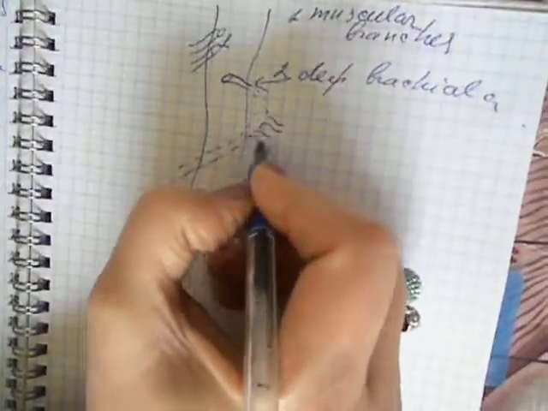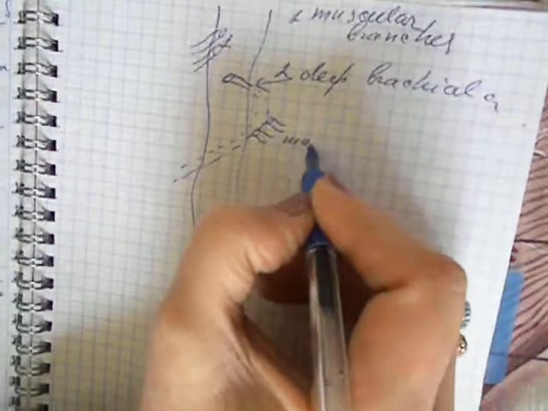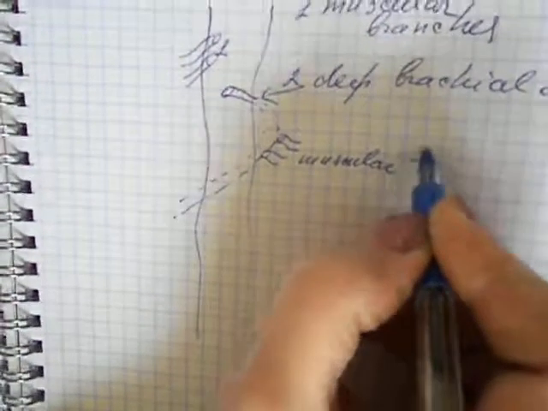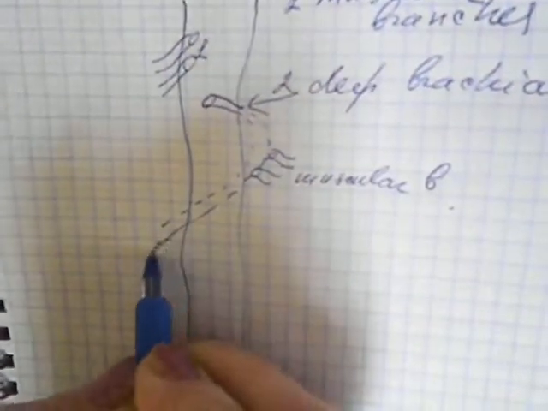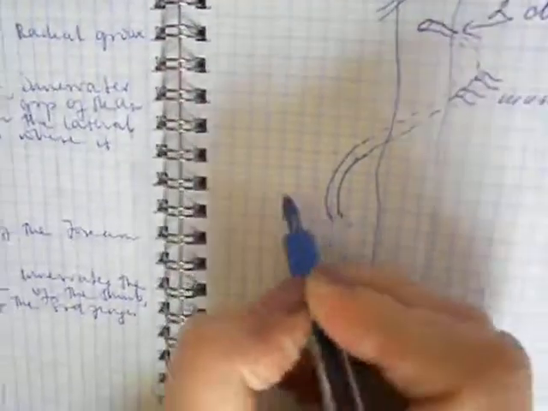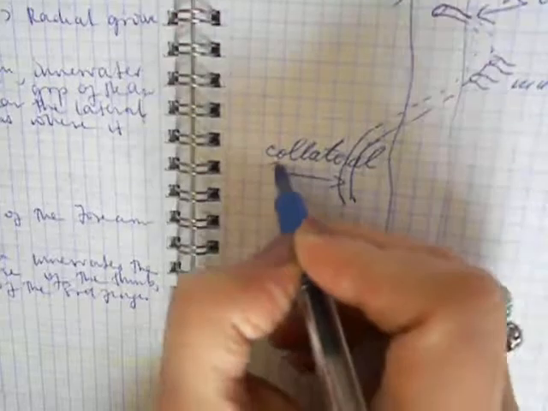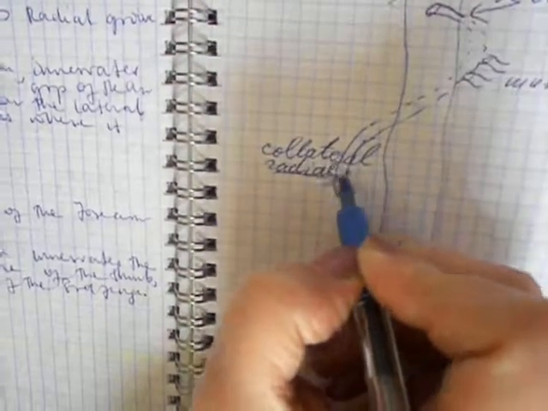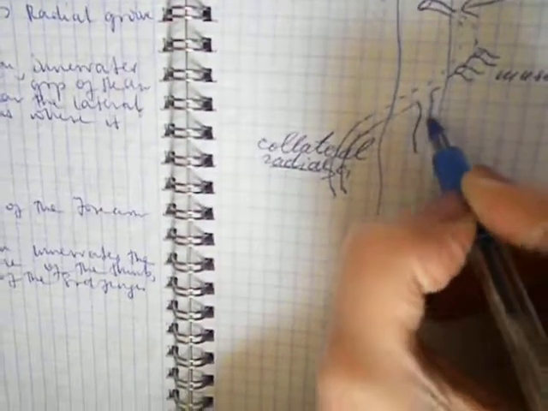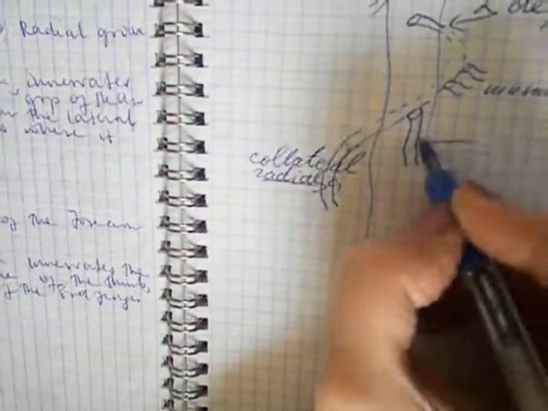Deep brachial artery in the canal gives muscular branches to muscles of the posterior group. Next, collateral radial artery and middle collateral artery.